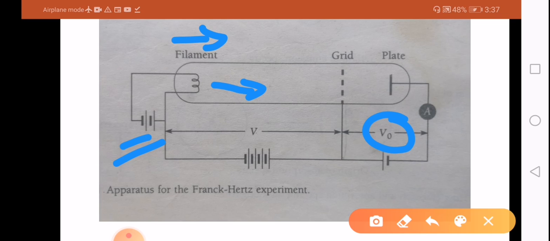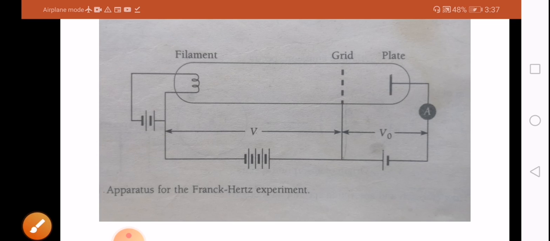Okay, so on the basis of the amount of potential applied there, you can control the current in the outer circuit. The current is indicated by the ammeter connected after this plate.